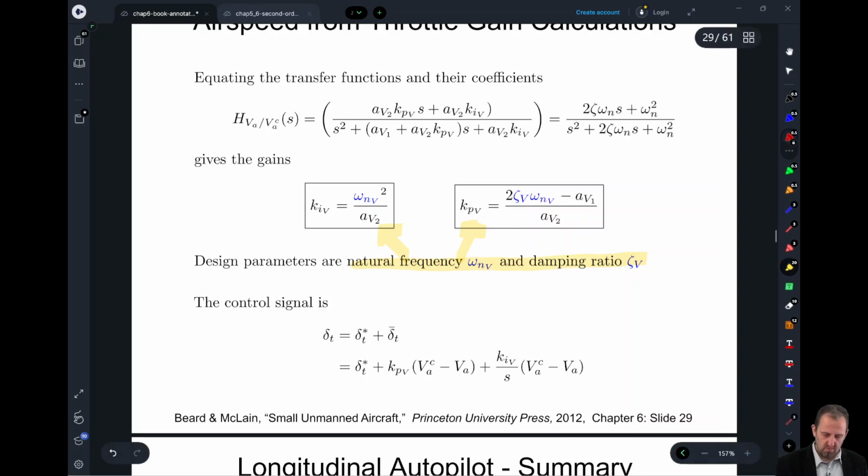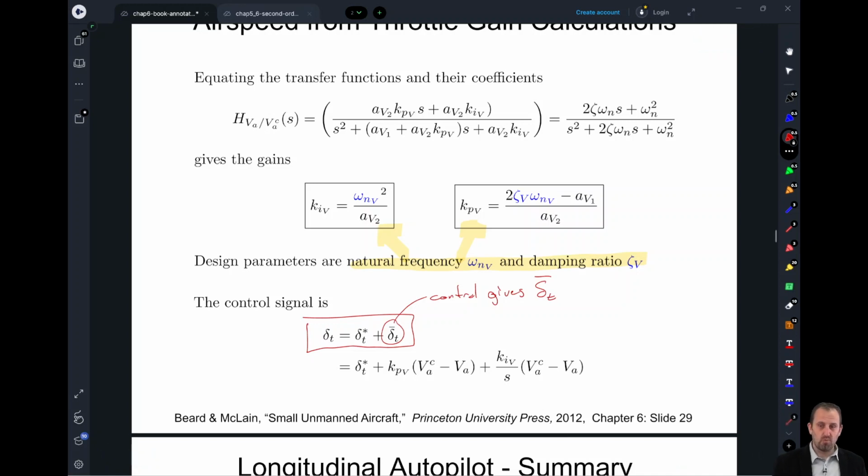The one thing that I want you to keep in mind is that once we obtain our control, it gives us our deviation, and so you better make sure that you actually add in the nominal.